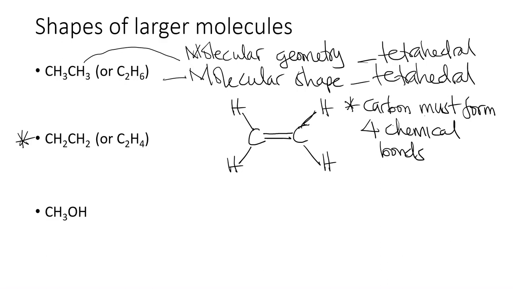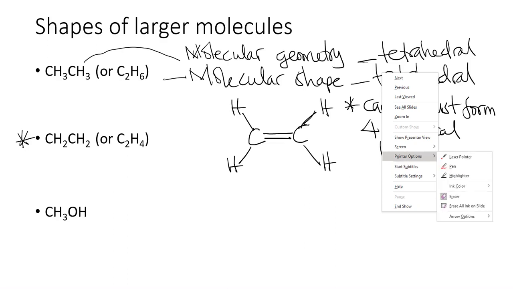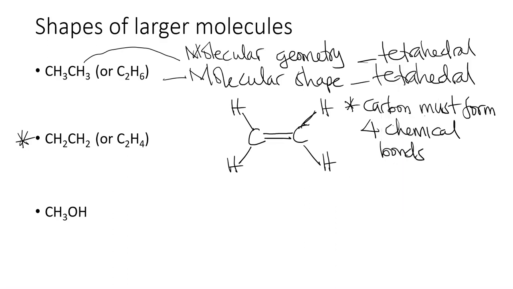Now, let's go to this carbon A. The question is, how many groups of electrons are surrounding carbon A?